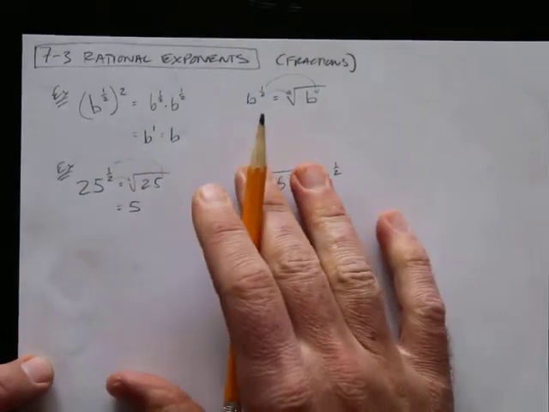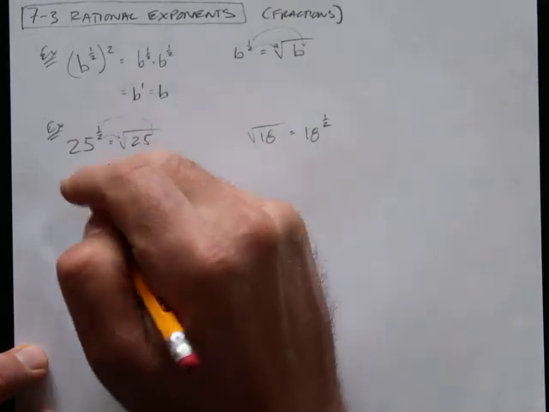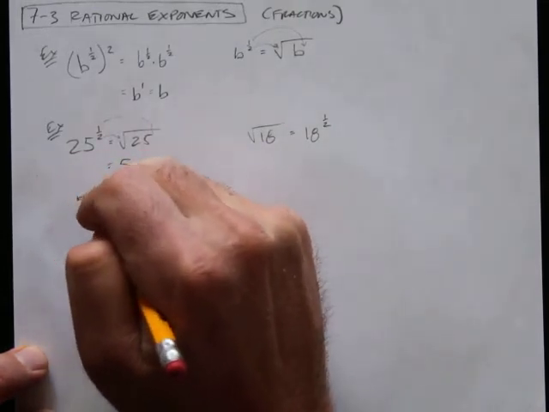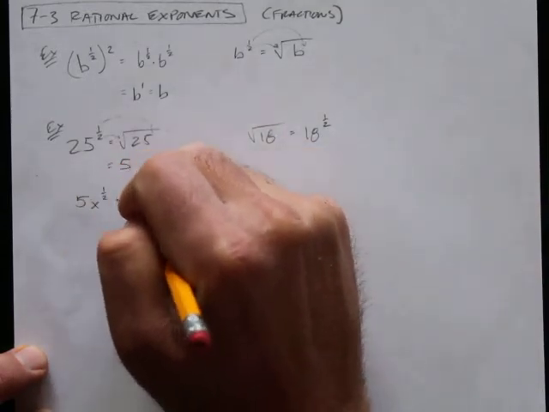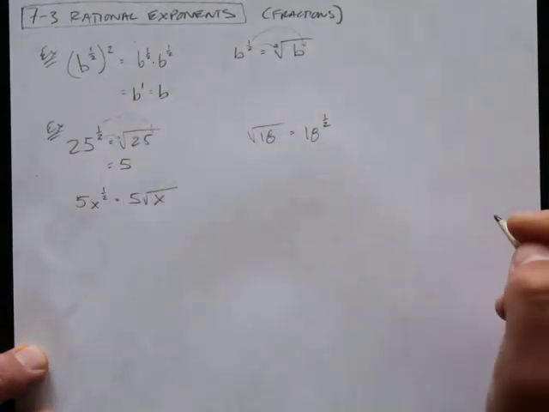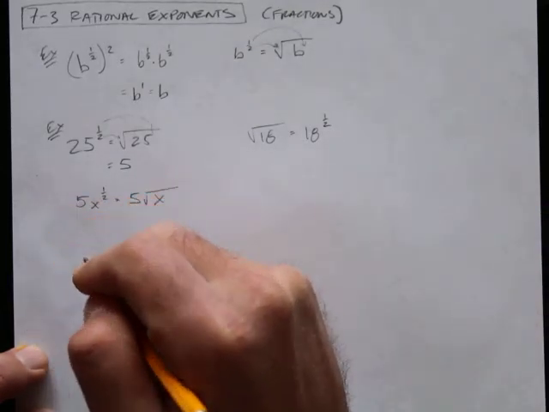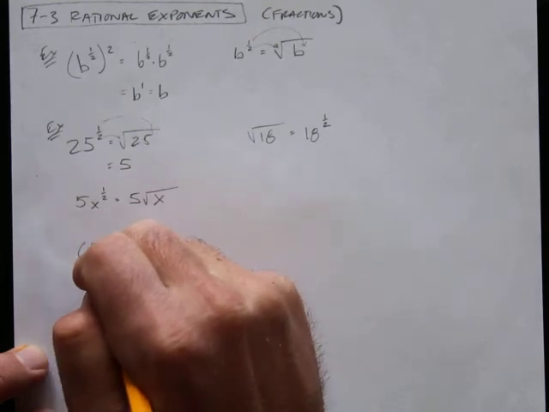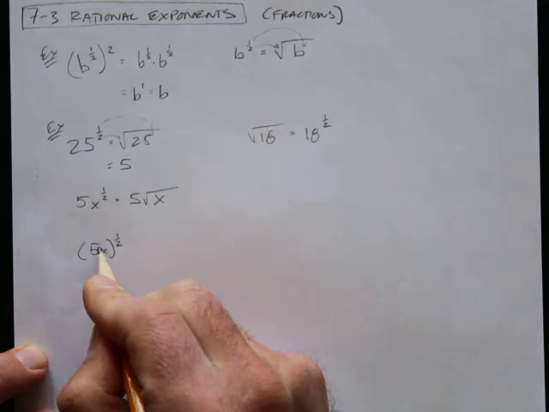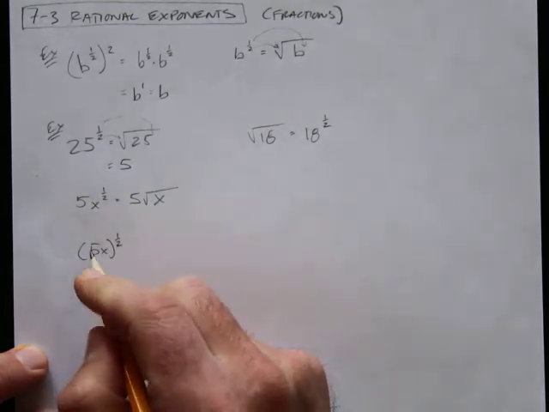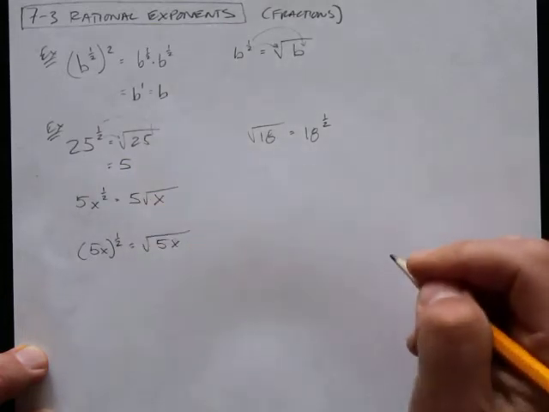Let's do a few more and see if we can hopefully understand what we're doing here. If I have 5 times x, and x is to the 1/2 power, that's the same as 5 times the square root of x. Now if I have 5x to the 1/2 power, notice how this 1/2 is outside of the parentheses here, then that is the square root of 5x.